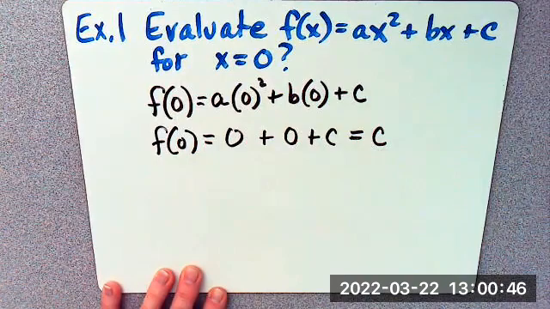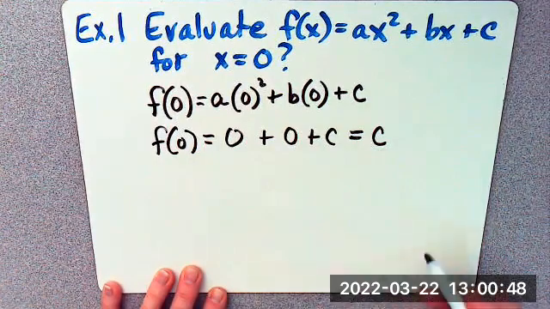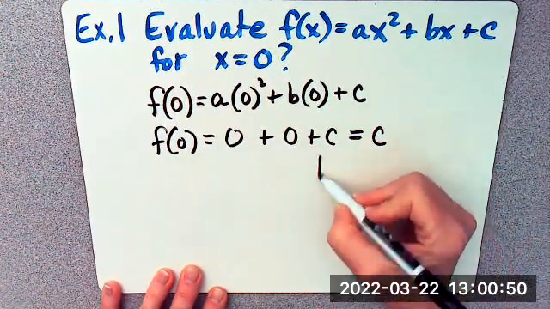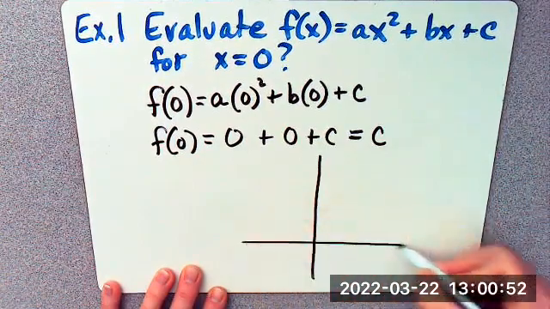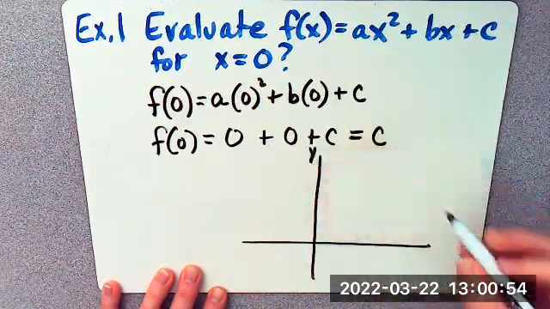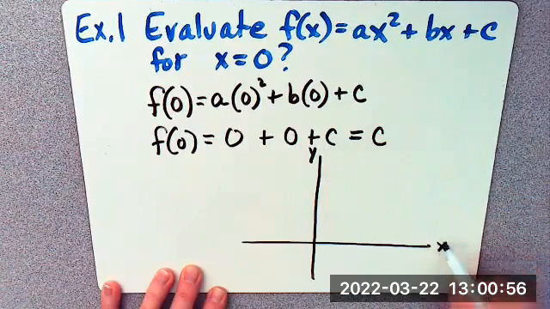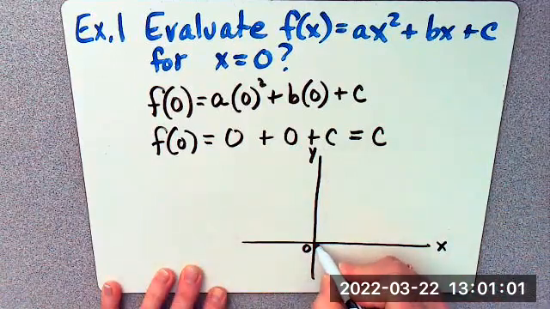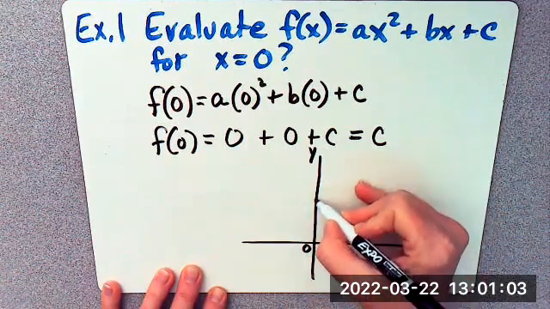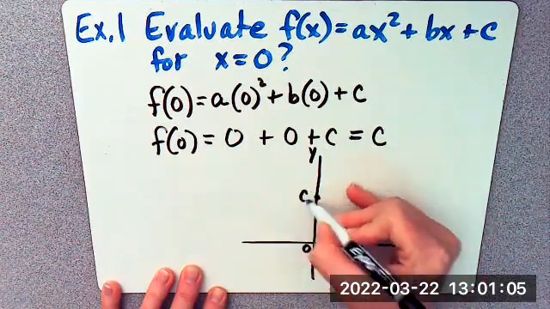Well, in the scheme of things, that gives us a coordinate of the y-intercept. So if we have y here and we have x here, and we have the value of x at 0, then f of x is right here at c.